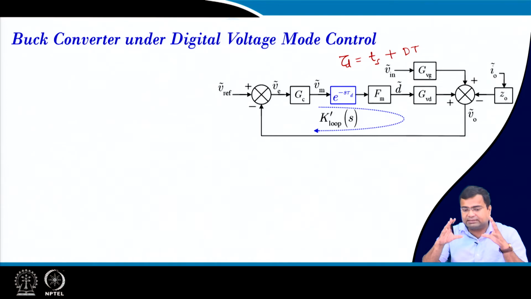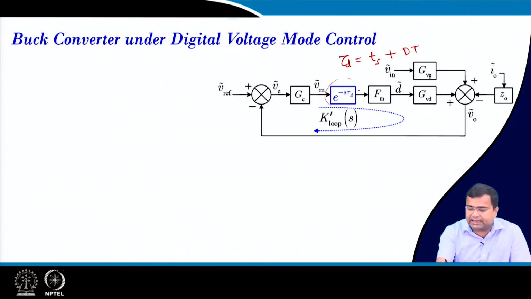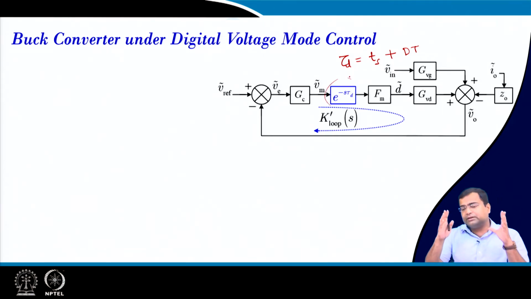We have shown in lecture number 40 that if we incorporate this delay into the small signal transfer function, then this small signal transfer function, up to 1/10 of the switching frequency, perfectly matches with the discrete time small signal transfer function, which has been derived taking into account all the delay, the discrete time model.